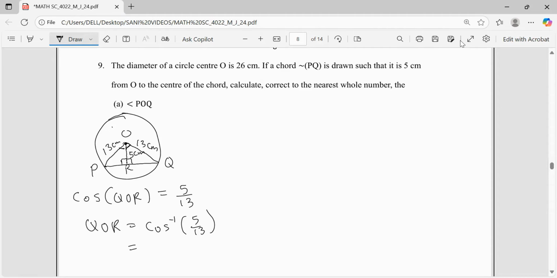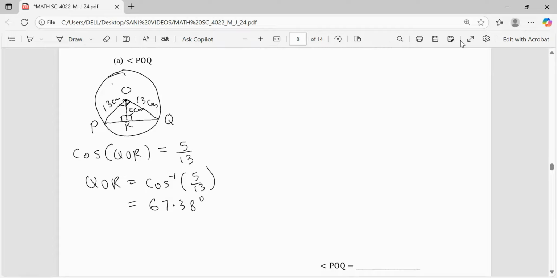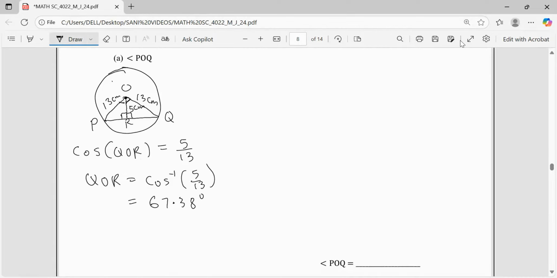So this will give us 67.38 degrees. Therefore, our angle POQ will be equal to 2 times 67.38 degrees, which gives us 134.76 degrees.